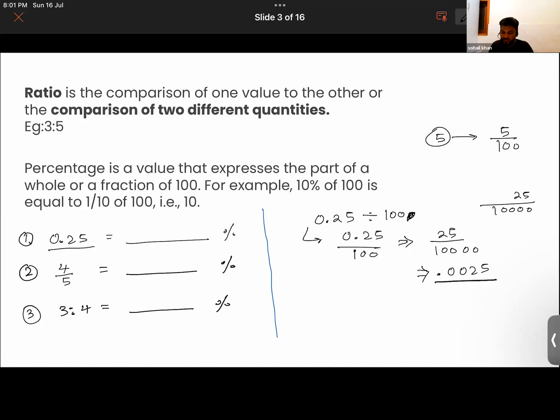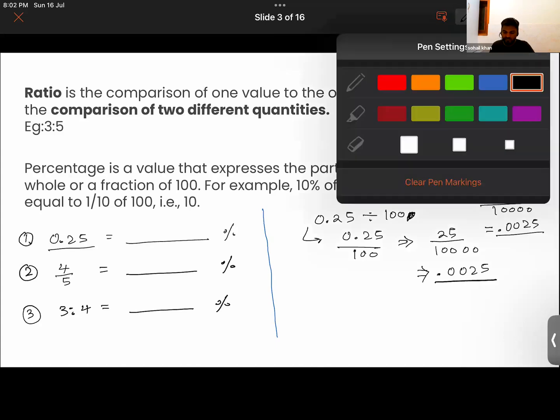How do we divide numbers like this? You guys have done calculations on decimals, how to divide two numbers and get it in decimal form. Yes. Okay, good. Solve the second question then.